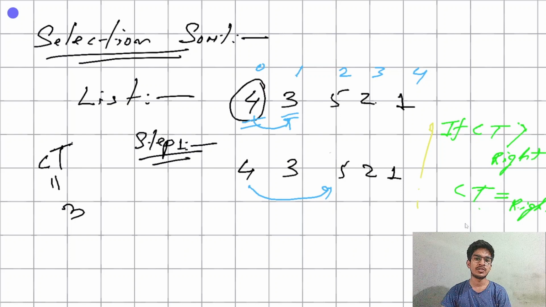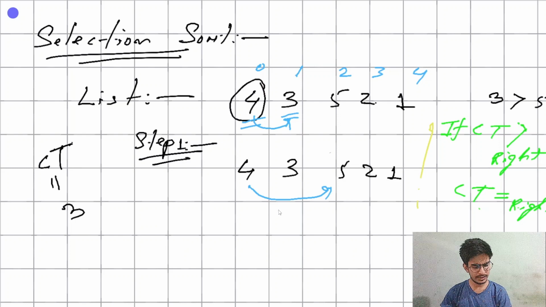In this case the condition is false. The cd value is 3 and the right value is 5, so the condition is false. That means it stays as it is, and cd does not get updated.